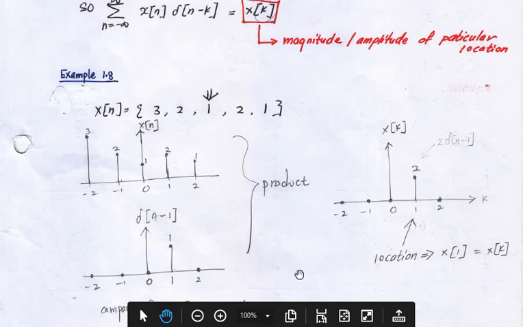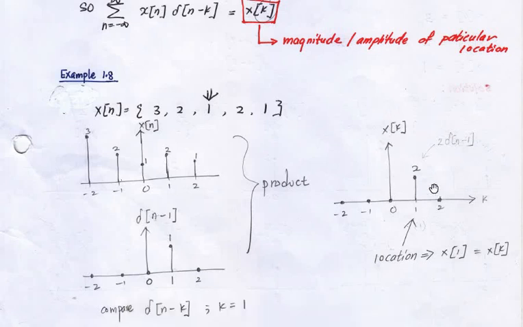And then 1 times 0, you get 0. So this x[k] is 2 delta[n minus 1], because the amplitude is 2 at the location n equal to 1. Do you understand now?